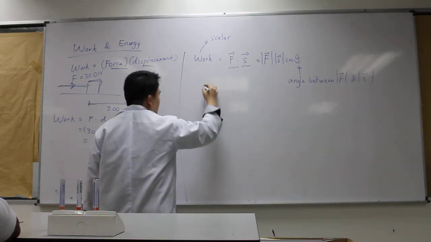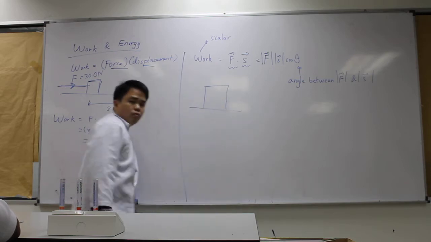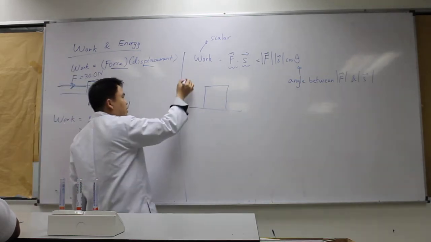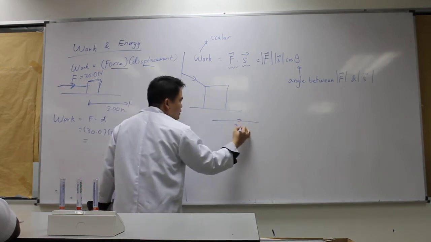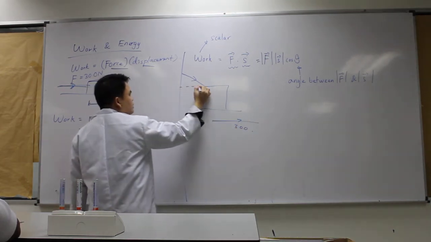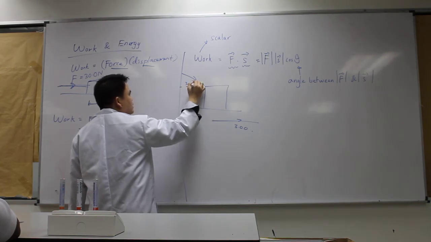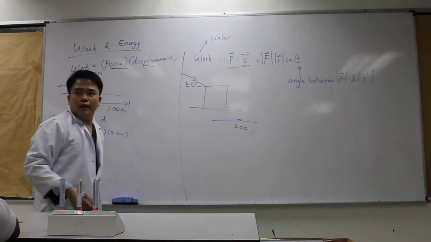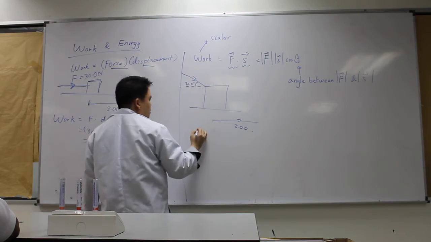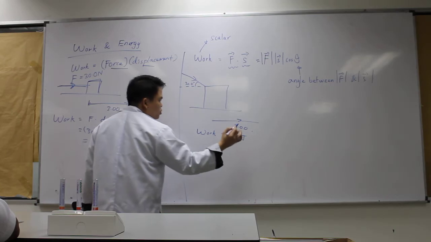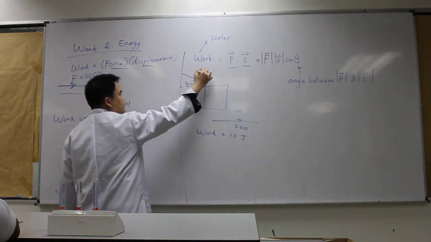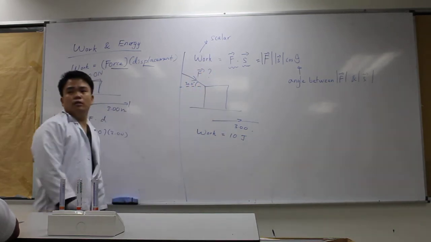So with that, I give you one example. Let's say this is a block. There's a force applied here, and as a result it moved 3 meters. The angle of this force is 30 degrees relative to the ground, and the total work done is 10 joule. What is the magnitude of the force?